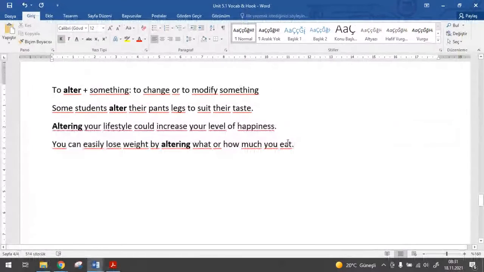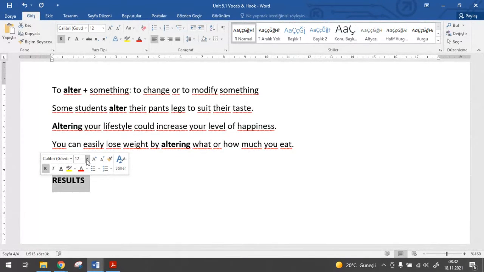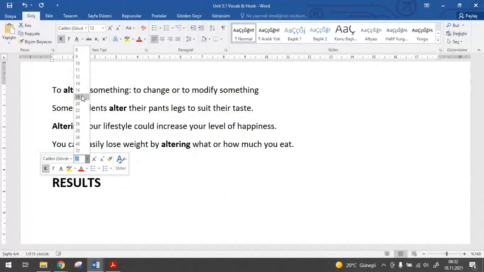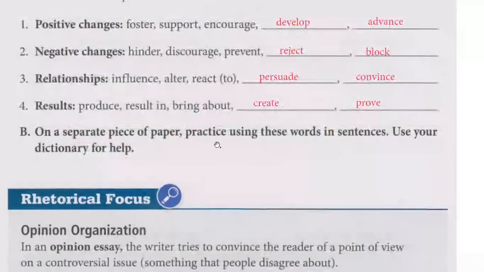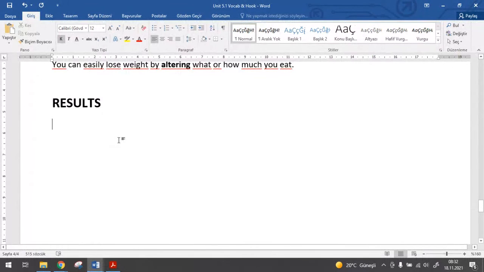When you focus on results, for example, when you are speaking about results, and if you don't want to repeat a word again and again, there are many different ways. For example, produce. Let's write a sentence.